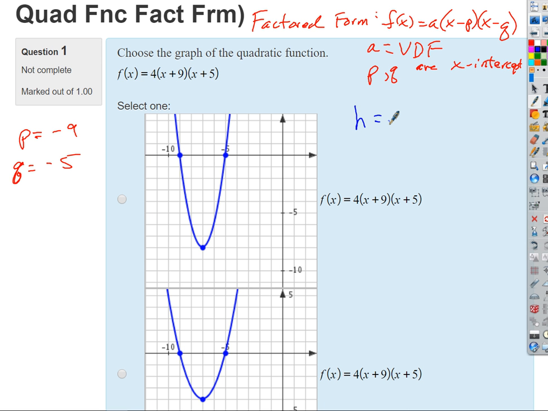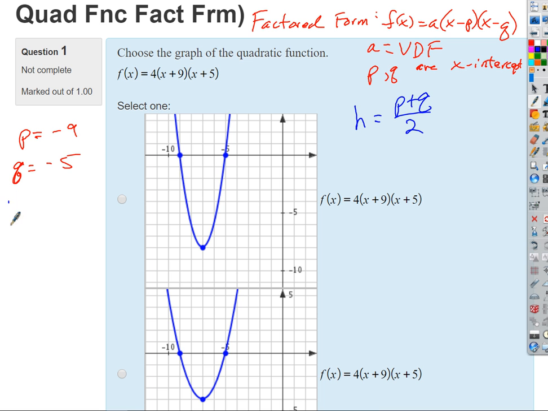It's got to be halfway between, because the parabola has that kind of symmetry. These are mirror image points folded around the vertical line of symmetry, the vertical axis, which goes through the vertex. So h is just going to be the average of the 2 x-intercepts.